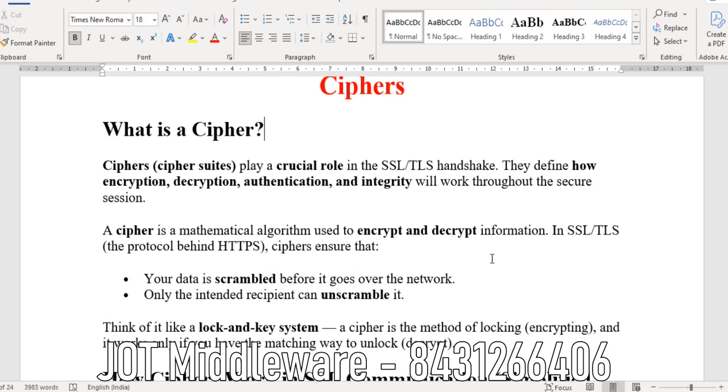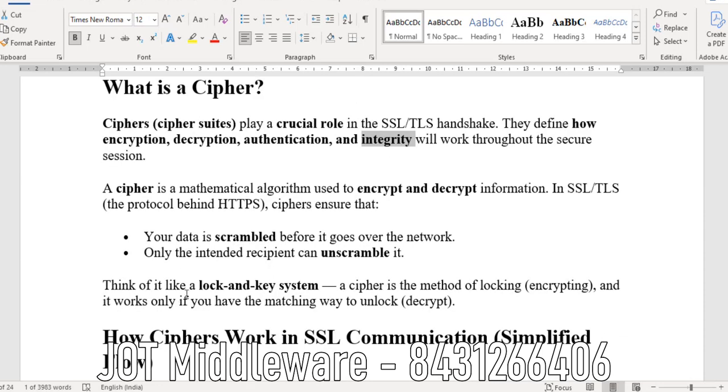So based on those standards include better way of encryption, better authentication, data integrity, and better security. So security is actually these all fall under security, but the point is to tell you that ciphers play a very crucial role in SSL or TLS.